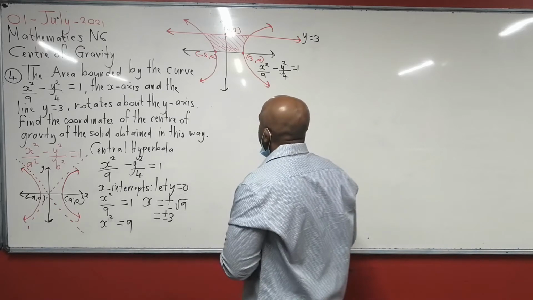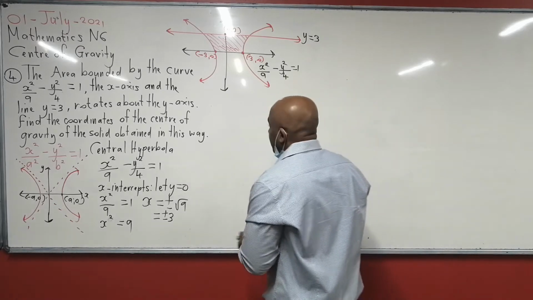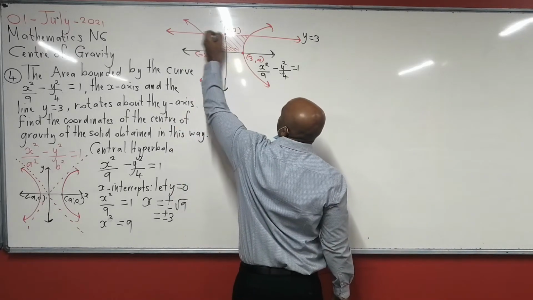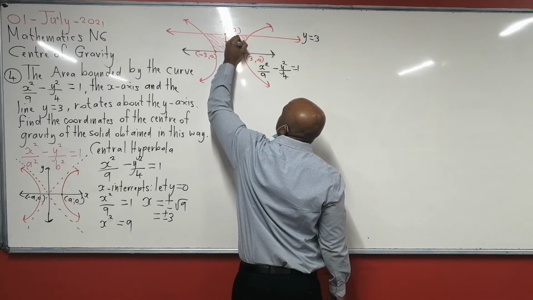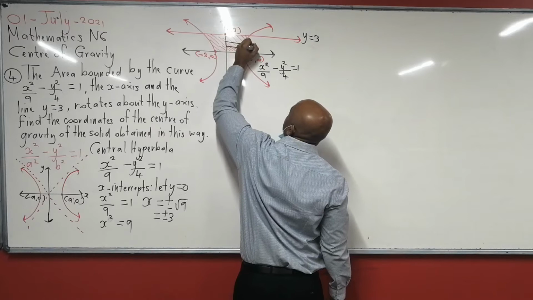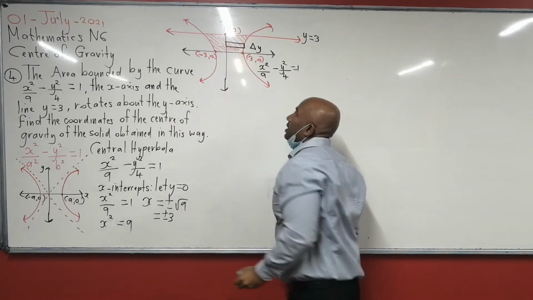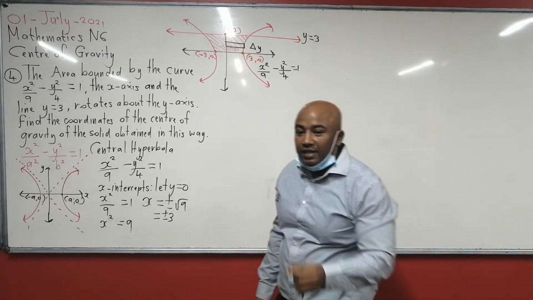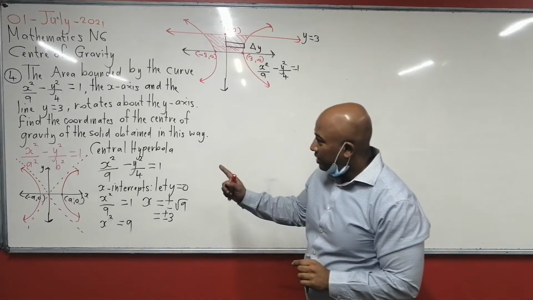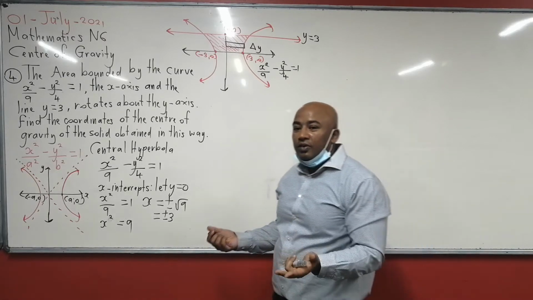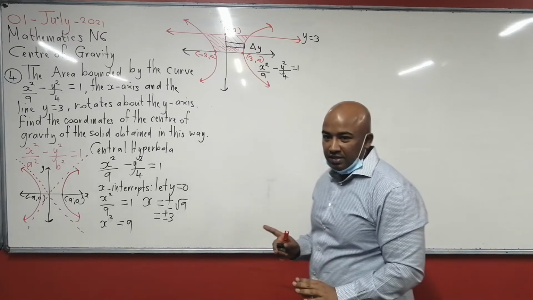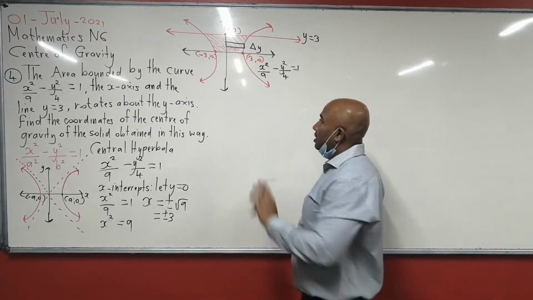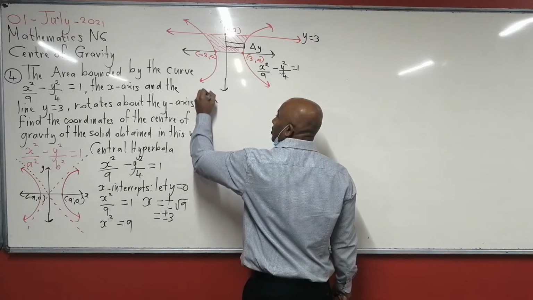Okay, so now let's draw our representative rectangle. Here is my representative rectangle. I am going to use a rectangle that is perpendicular to the reference axis, so I can use the easier method in most cases.